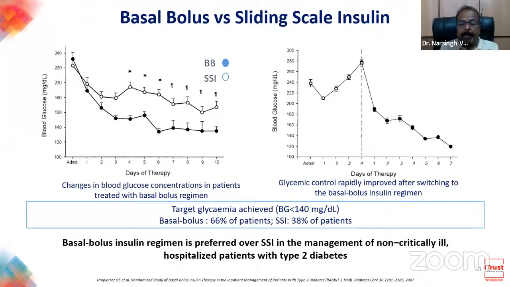So if you compare both of them and see the target glycemia achieved and other components taken into account, the basal bolus insulin regimen is preferred over the sliding scale in the management of non-critically ill hospitalized patients with type 2 diabetes. Next one, please.